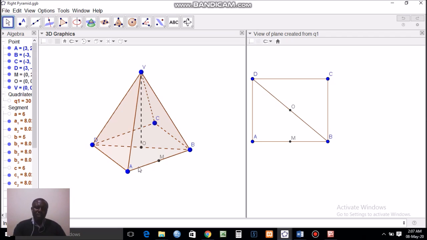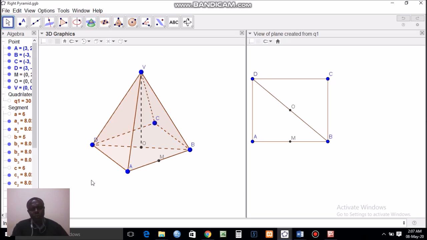We look at our 3D setup or 3D drawing, and we can identify BD is a line running from B to D, and ask ourselves, or look at the 3D and identify the plane figure on which BD lies. Clearly, BD is running on the base, so it is a line on the base ABCD.